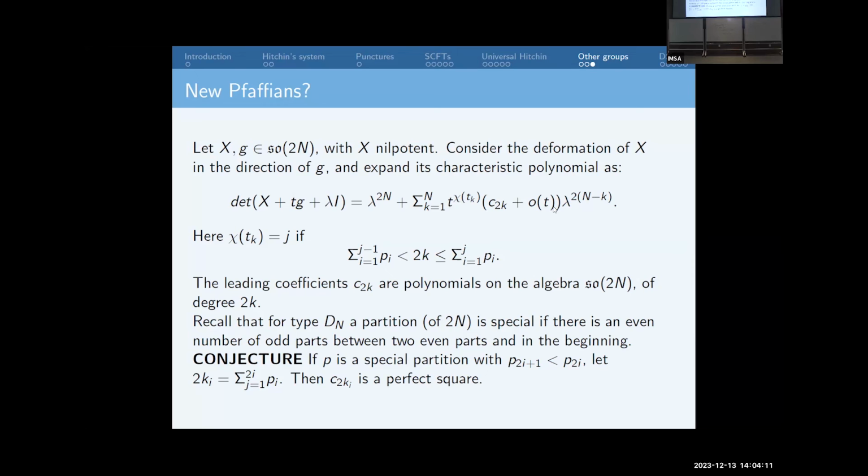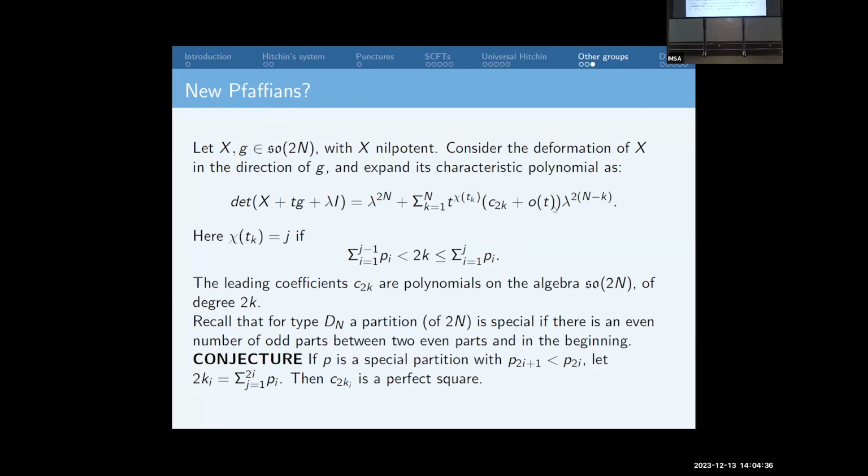So these leading coefficients c_k are polynomials on the algebra, of polynomial degree 2k. That's a universal polynomial. So we worked out a lot of cases, and well, I already told you what it means for a partition of type D to be special.